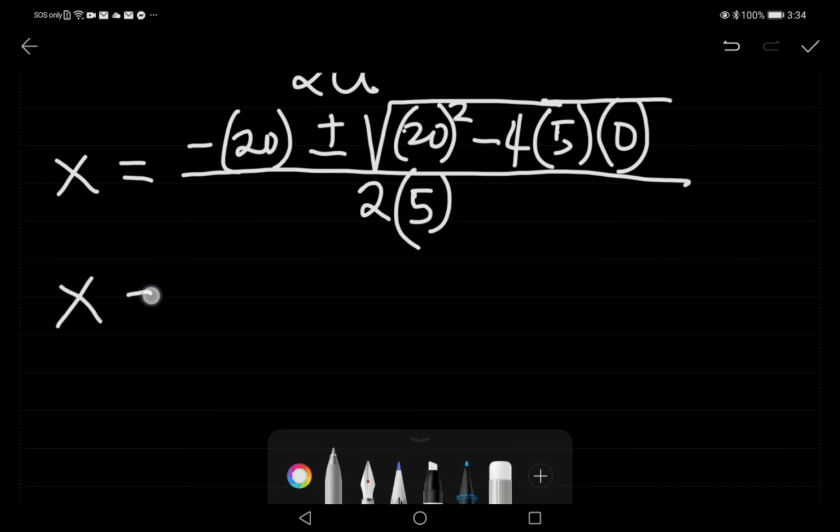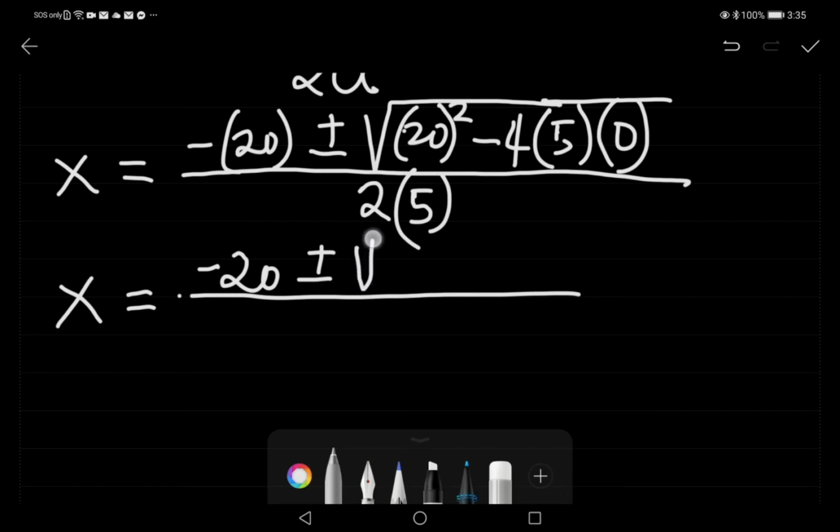So x equals negative 20 plus and minus square root of 20 squared is 400. So 0 na siya diha. Kaya negative 4 times 5 times 0 is 0.